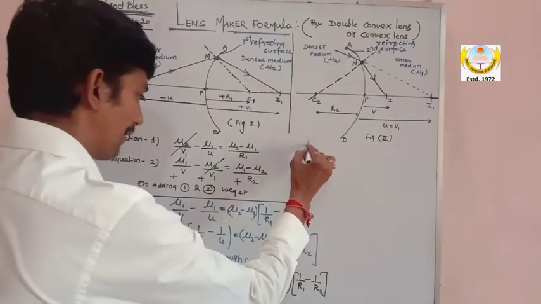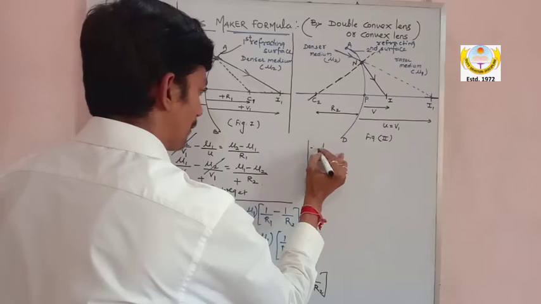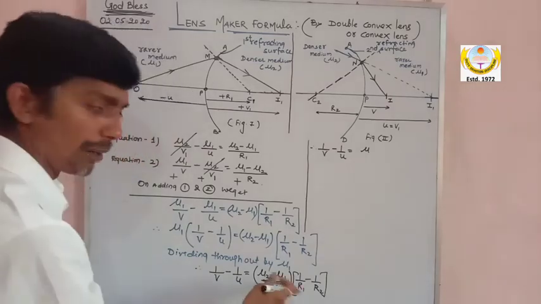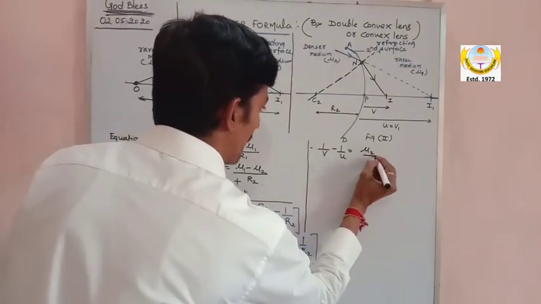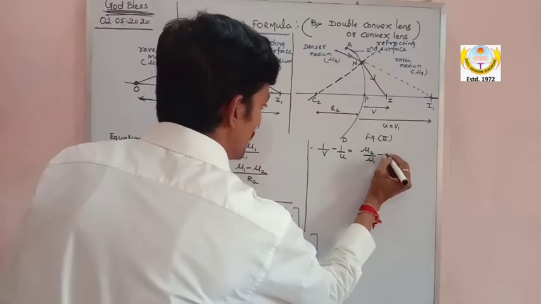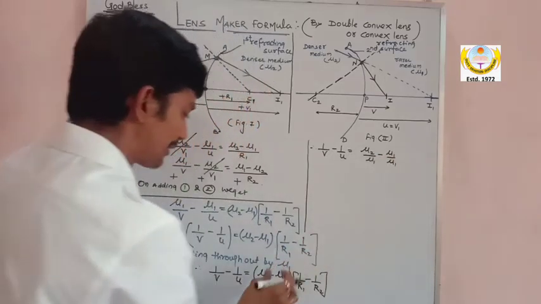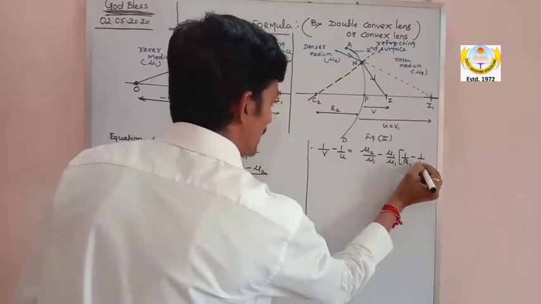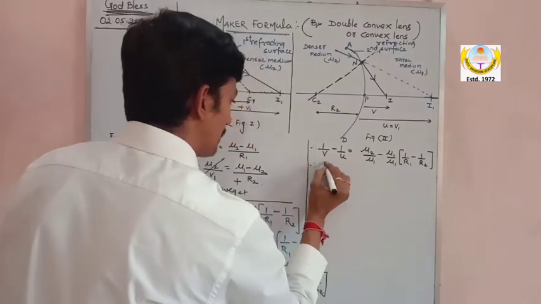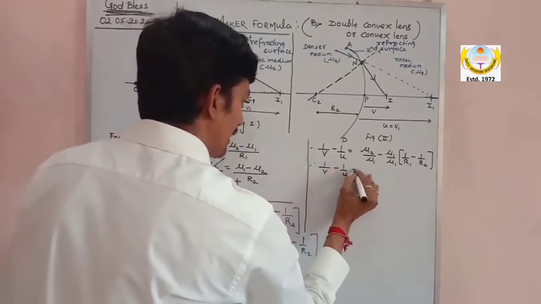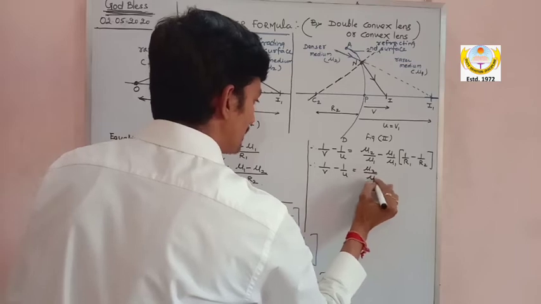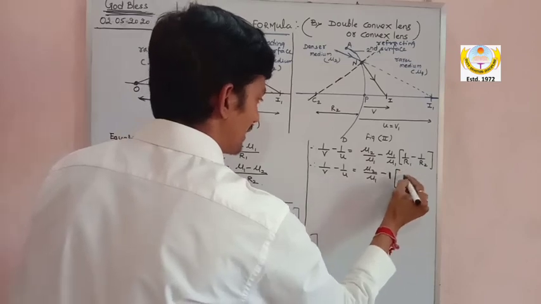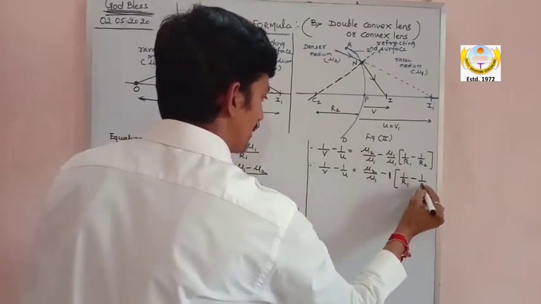Now if I go further, this can be written as 1 upon v minus 1 upon u is equal to, splitting the denominator, mu2 by mu1 minus mu1 by mu1, into 1 upon R1 minus 1 upon R2. Now this can be written as 1 upon v minus 1 upon u is equal to mu2 upon mu1 minus 1, because mu1 by mu1 is 1, and here it is 1 upon R1 minus 1 upon R2.